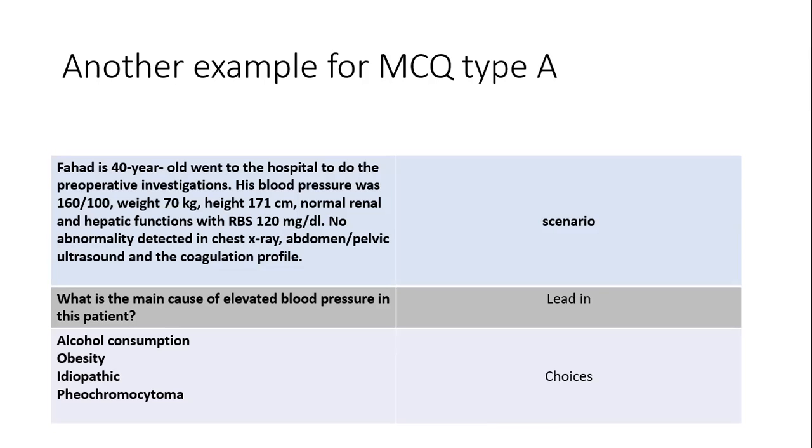The choices are alcohol consumption, obesity, idiopathic or pheochromocytoma. Here we have a scenario, then lead-in, then choices or alternatives. So all the alternatives can cause elevated blood pressure, so they are plausible.